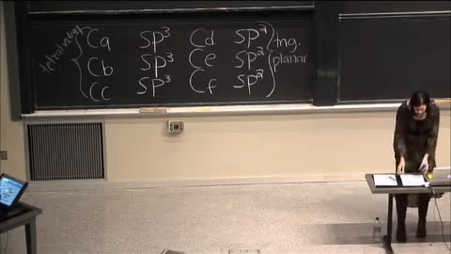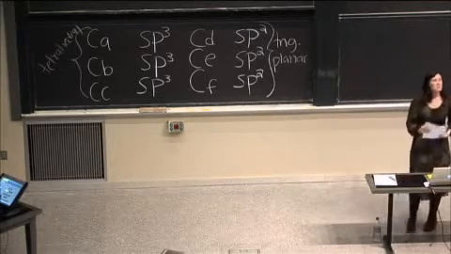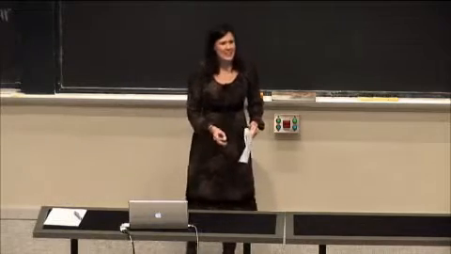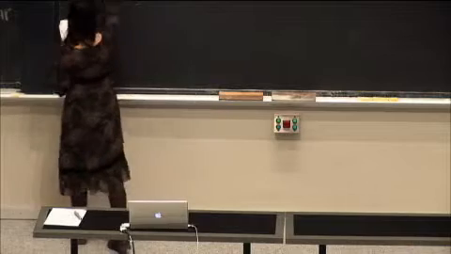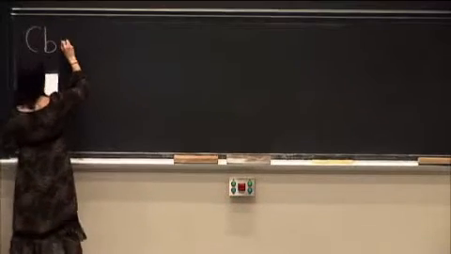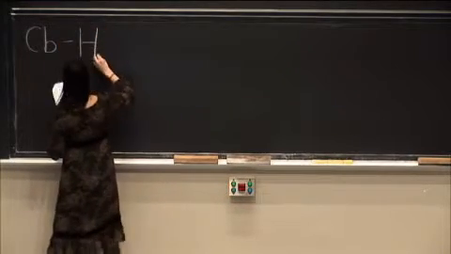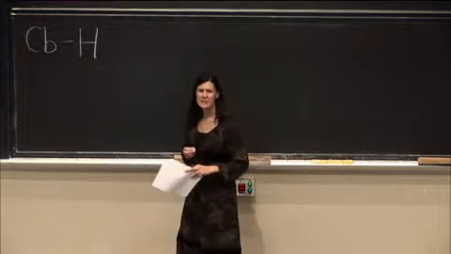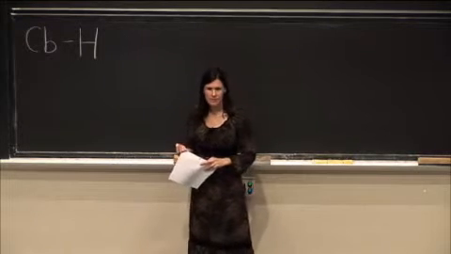All right, so let's actually take this one step further from just talking about the hybridization of the individual atom. Let's talk about a couple of these bonds. I won't go through all of them. I think you can get the idea with just a few, but you can go back and try all of them later. So let's start with thinking about the carbon B hydrogen bond. Is this going to be a sigma or a pi bond?